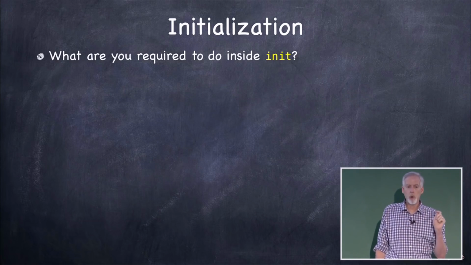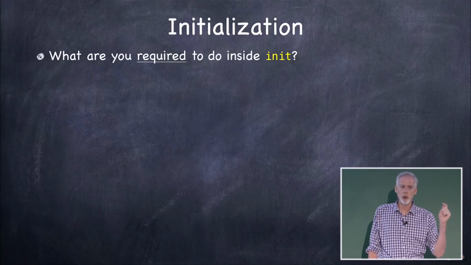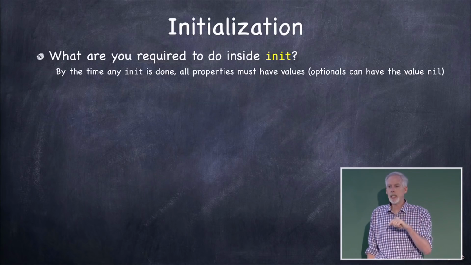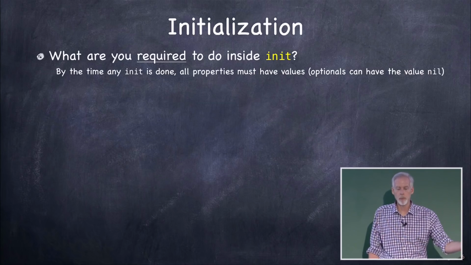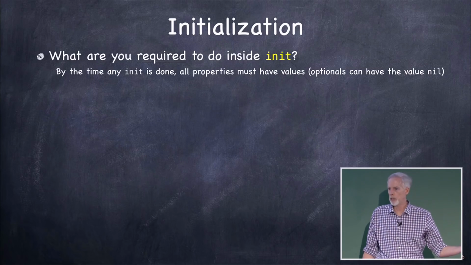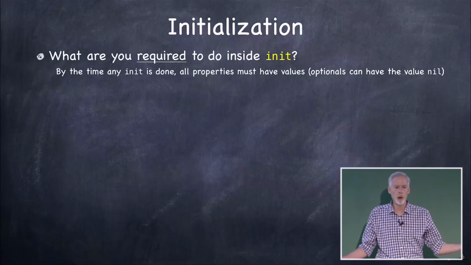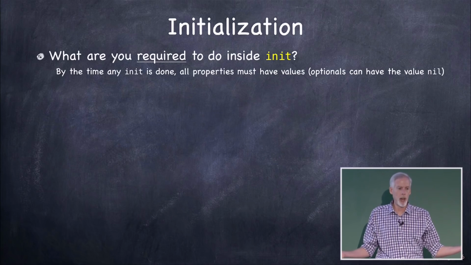So there are requirements inside of init, things you must do. The previous slide was things you are allowed to do. Here are the things you must do, okay? By the time any init is finished, all properties must have values. We know this, right? In Swift, by the time initialization is done, all properties have to have values. And again, optionals must have a value too, but it could be the value not set.